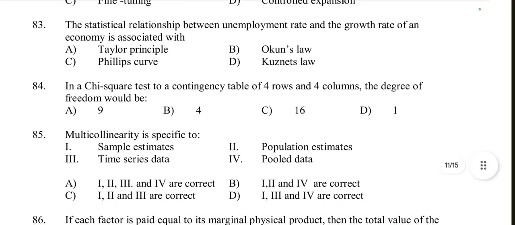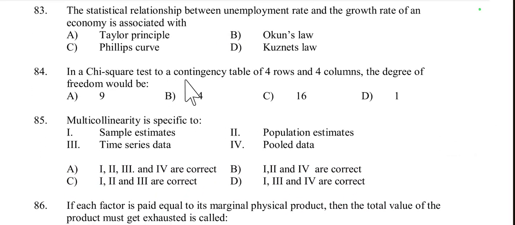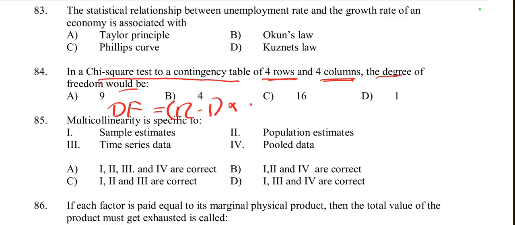Then question number 84. In a chi-square test applied to a contingency table of 4 rows and 4 columns, the degree of freedom will be? The formula for degrees of freedom is (row minus 1) into (column minus 1).